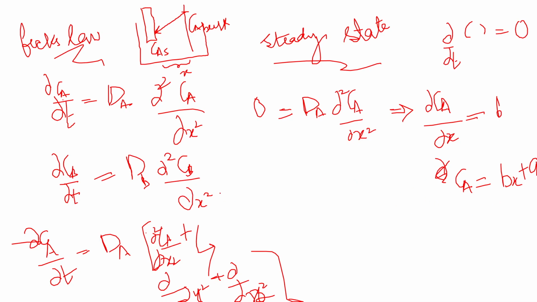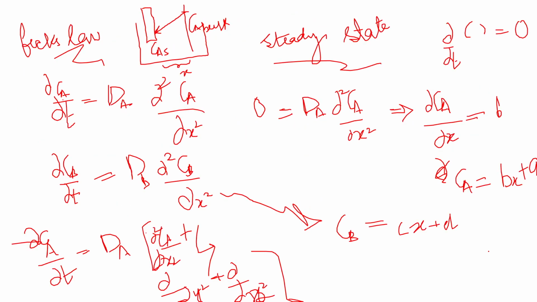Similarly, if I do that for this equation, I'll get CB equal to c plus dx. So these are the two equations you're getting, and let me number them as 3.